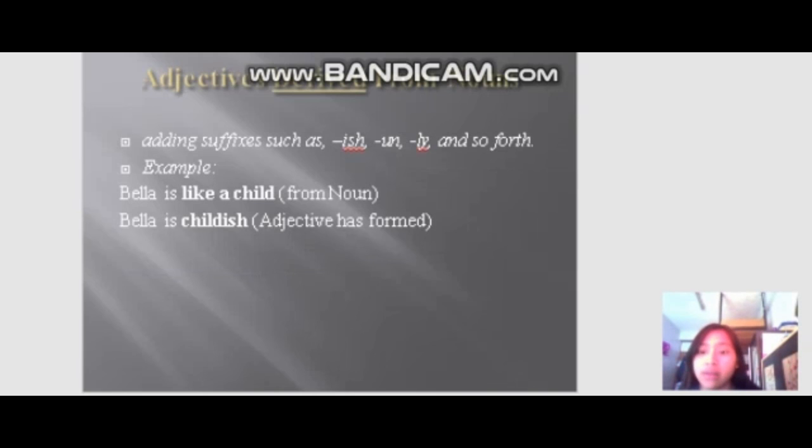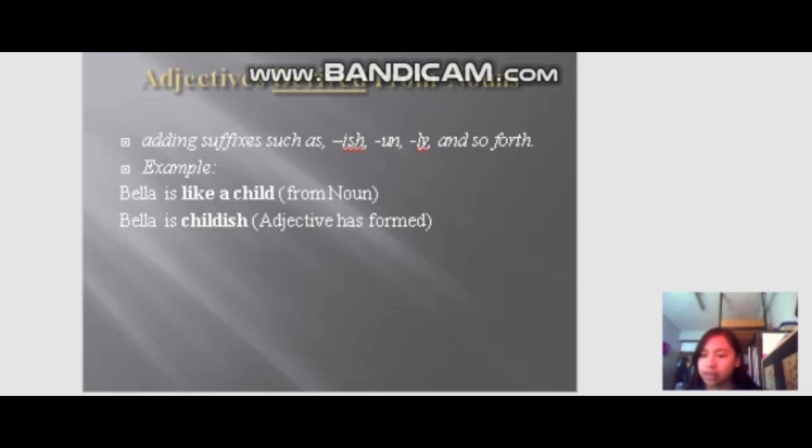Adjectives derived from nouns. Most English adjectives derived from nouns are descriptive. They show some characteristic associated with the underlying noun.